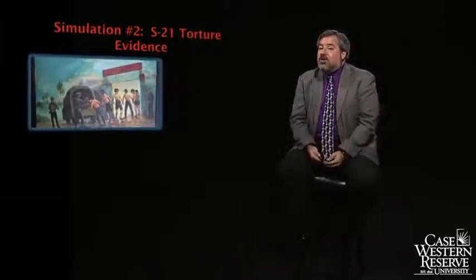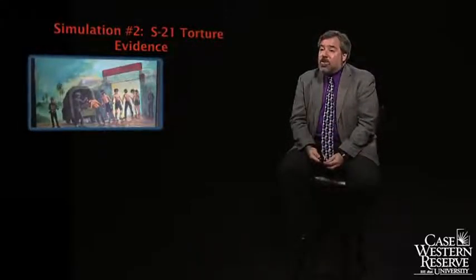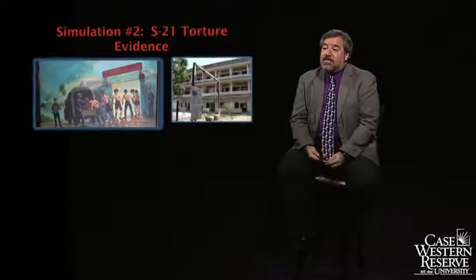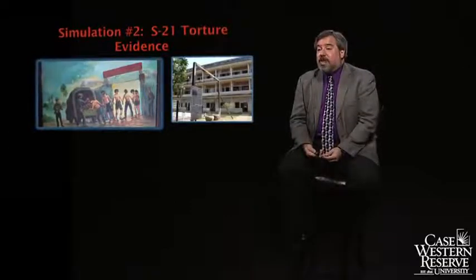All right, so here's a picture of S21. This is in Cambodia during the Khmer Rouge reign from 1976 to 1979. This was a period of time when Pol Pot thought that the Khmer Rouge was infected with CIA and Vietnamese spies. And so he took all of the people that were suspected of possibly being spies, he rounded them up, and he took them to S21.